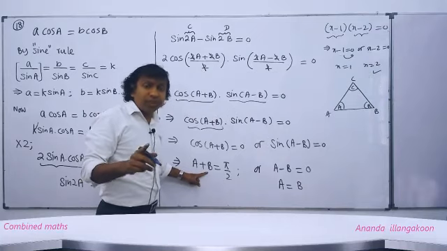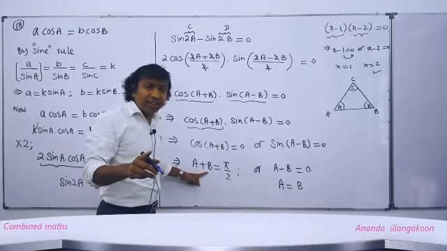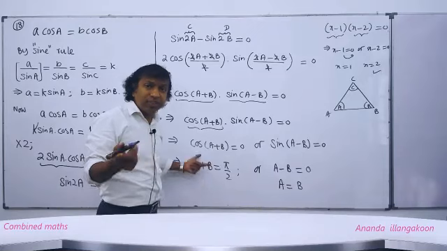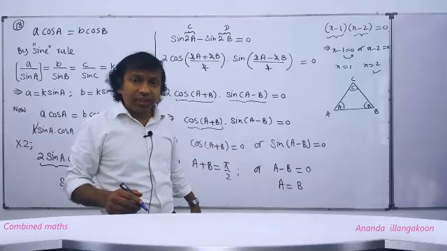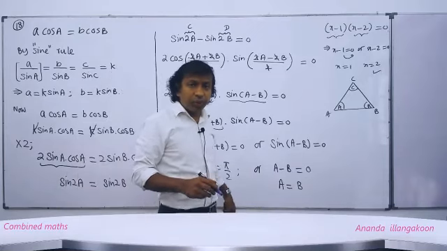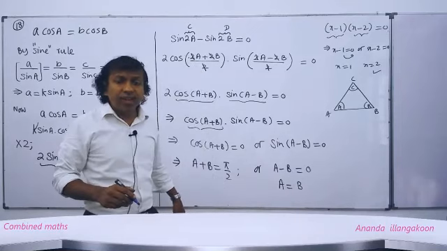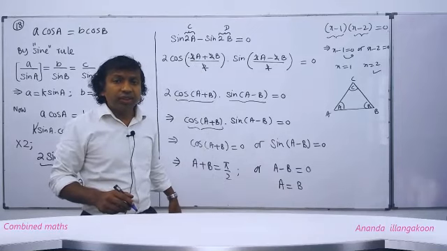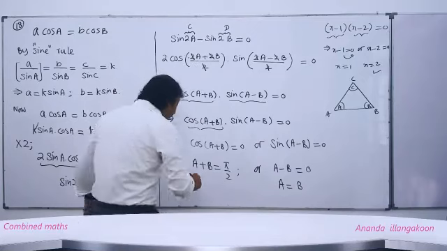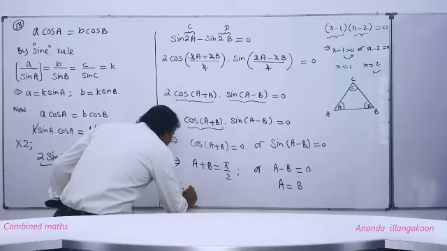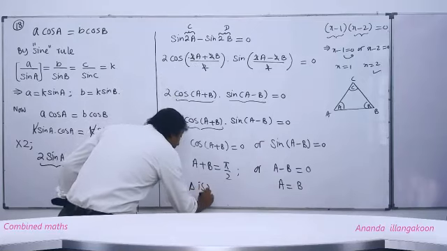If the sum of two angles of a triangle is 90, that triangle is a right angle triangle, no? Therefore, the triangle is right angled.